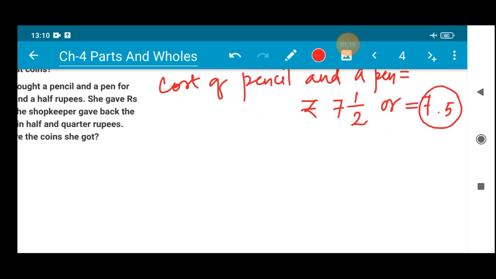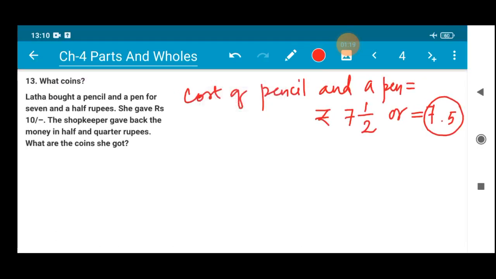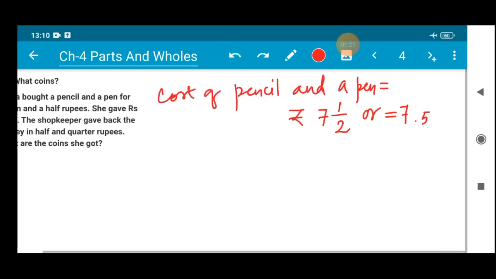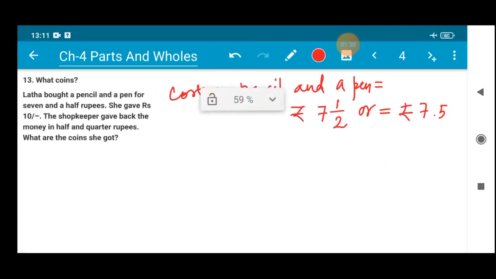I request you all to write this in this form because this will help you to solve the problem in a better manner. So it is rupees 7.5. 7.5 means 0.5, isn't it? 1 is the whole and half. If I have to represent half, then it can be written as 0.5 or 1 by 2. So 0.5 is doing the same thing.